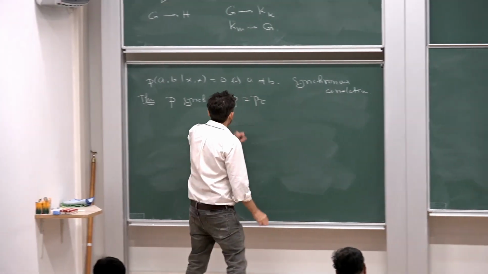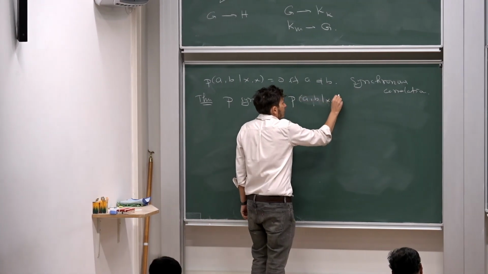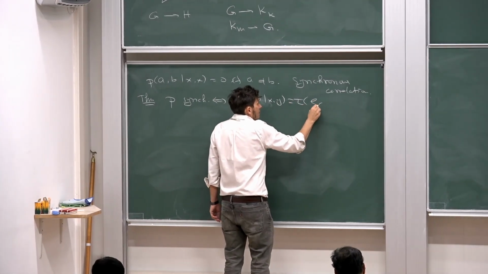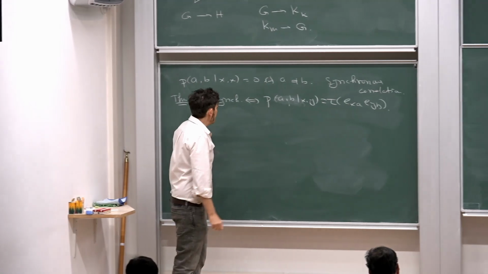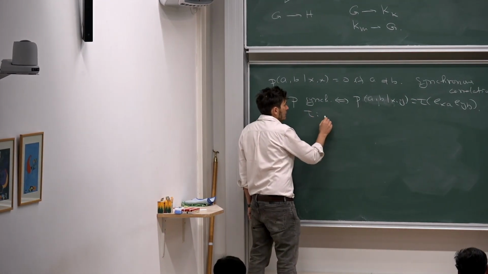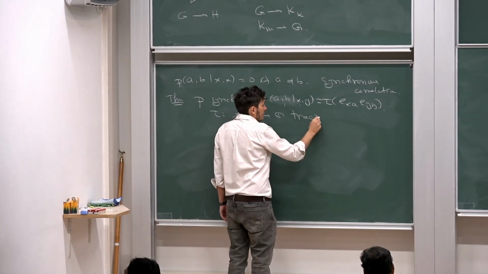Let me write it down in detail. If and only if it has the following representation, where tau is a trace, a tracial state, on this universal C*-algebra.